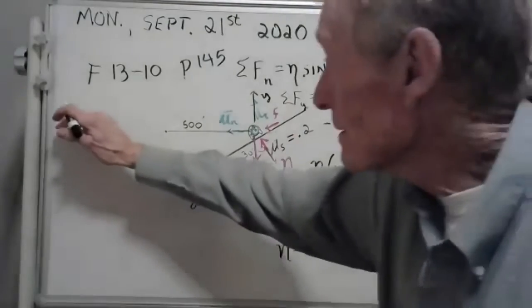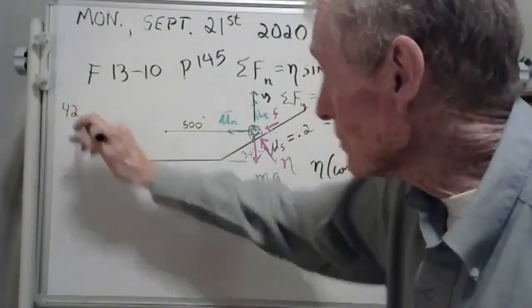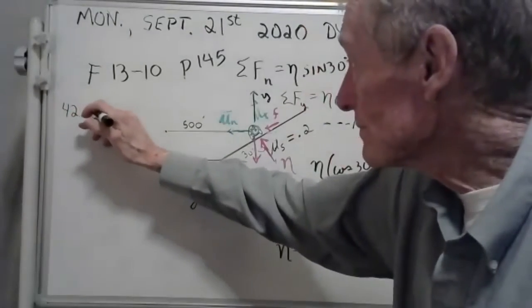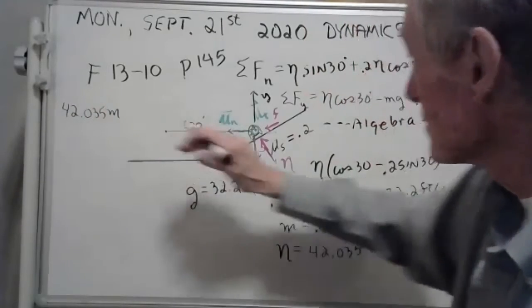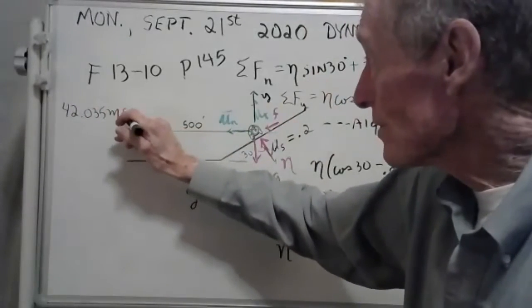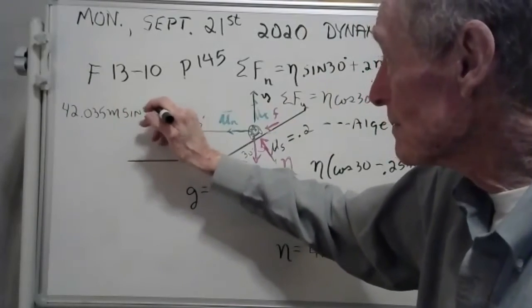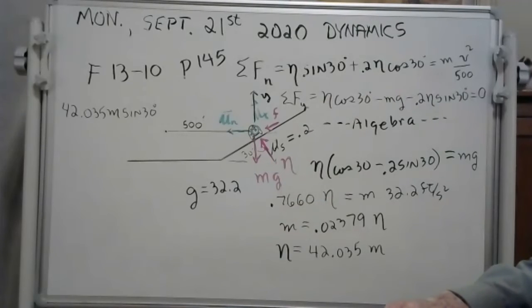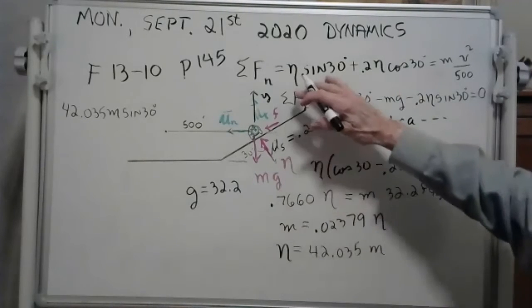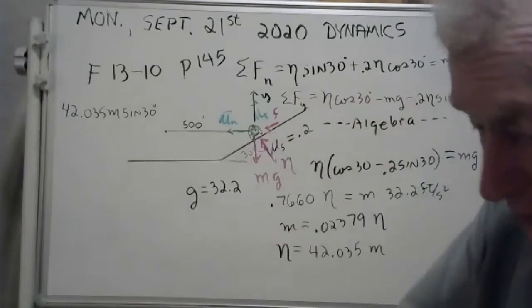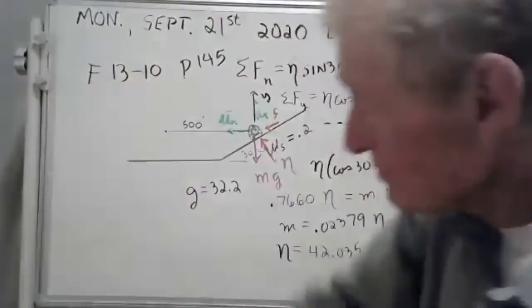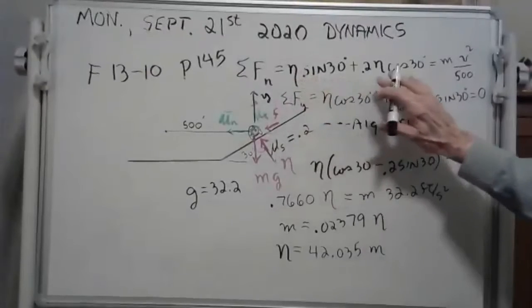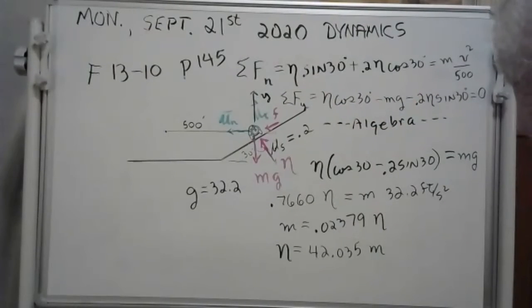So we got 42.035 times the mass times sine of 30 plus, it'd be easier if I combine those. Let me combine those just a minute. Take this and combine these two: sine of 30 plus 0.2 times cosine of 30.